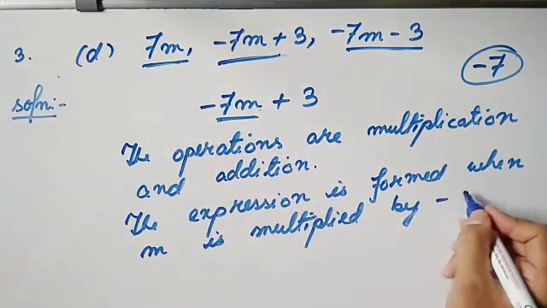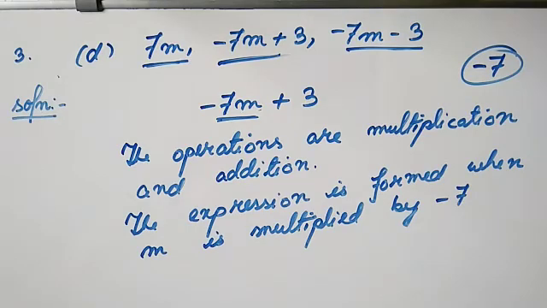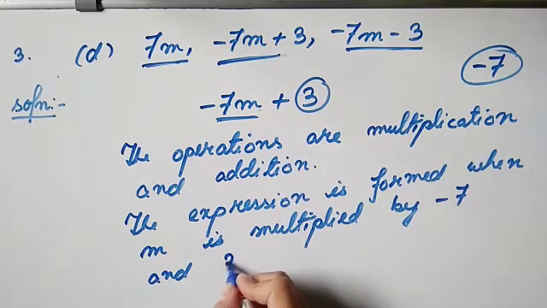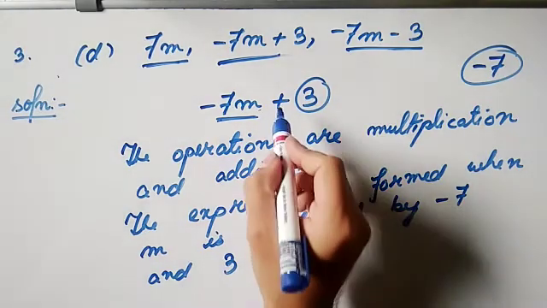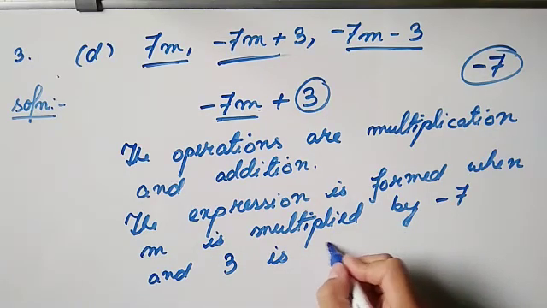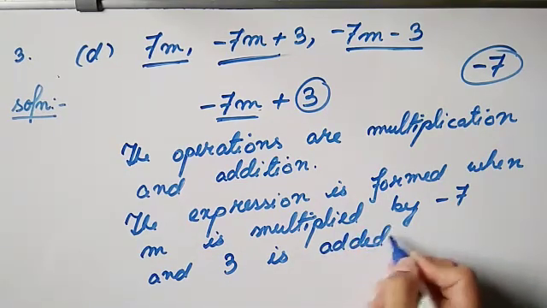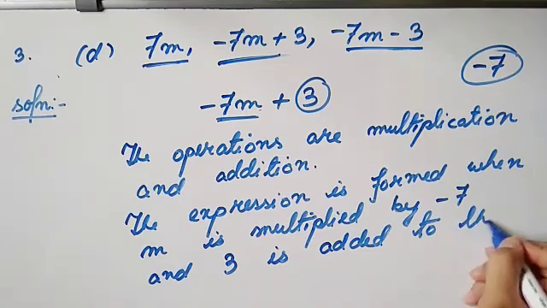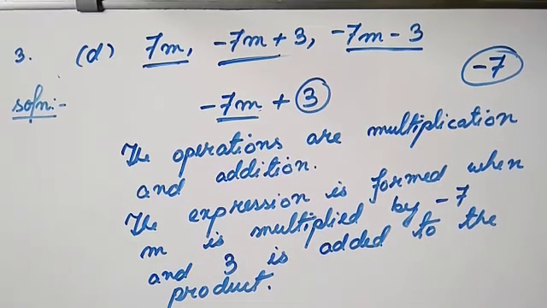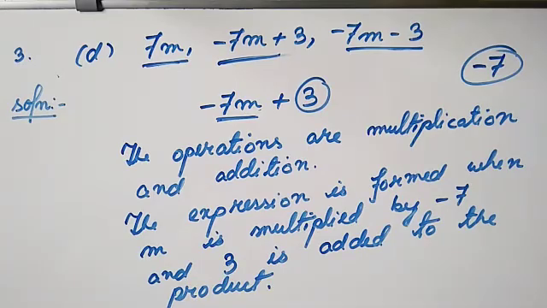Yes, minus 7. Then after that, what is this number here? 3, right? And what is this sign? Addition. So 3 is added to the product. Understood, student?